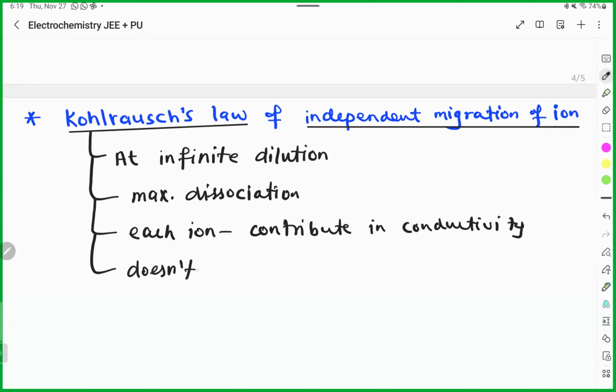It means whether you take a magnesium ion or a calcium ion, it does not depend. Understood? Maybe +1, +2, +3 can make a difference, but not their chemical nature.